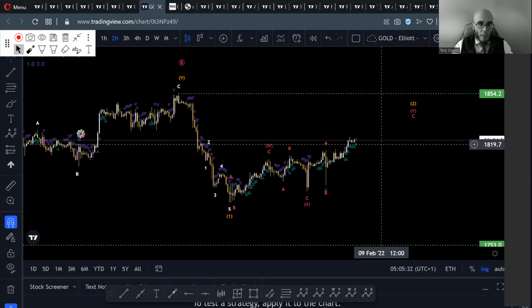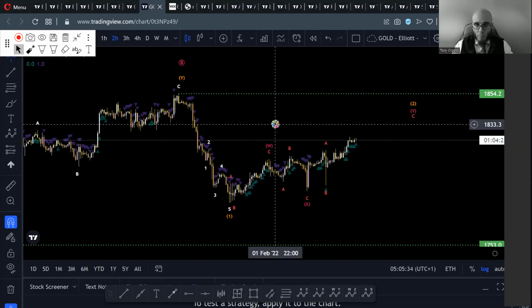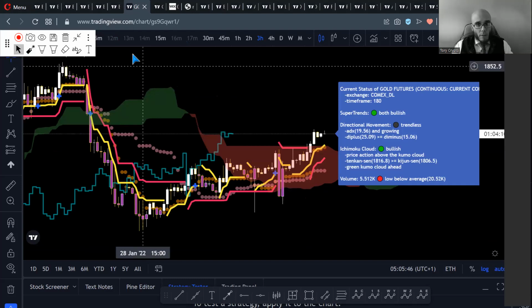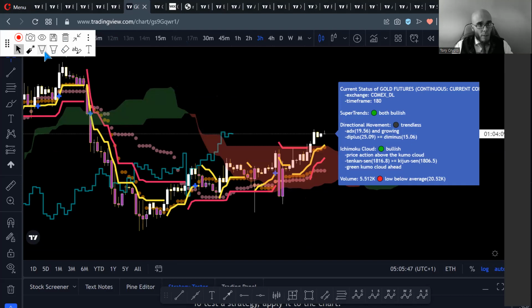And if you want to trade that drop, the E wave, what you will have to do, at least that's what I do, is wait until Ichimoku on gold gives you the confirmation to go short.